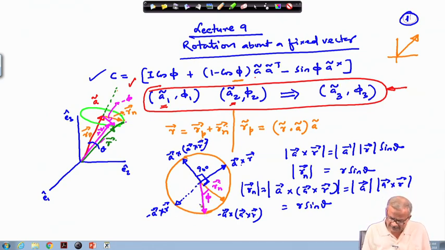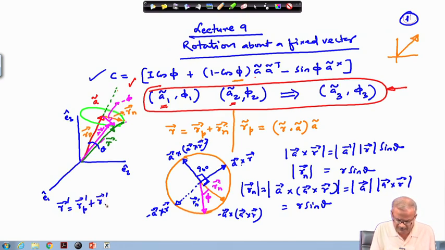Now, this is the projection of the vector. If this is r prime, then this is r prime normal. R prime can again be broken along two directions, one along the a direction and one perpendicular to it, which we are showing here as a circle. So r prime we can write as r prime parallel plus r prime normal.